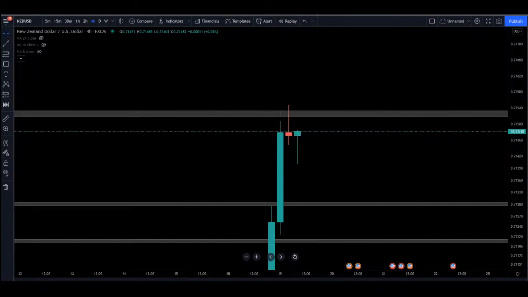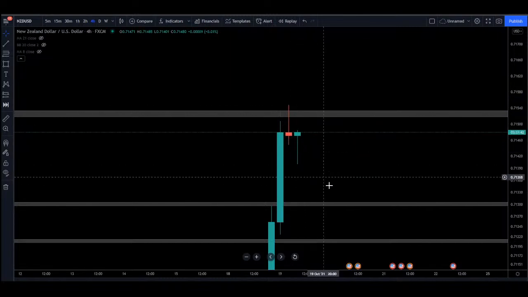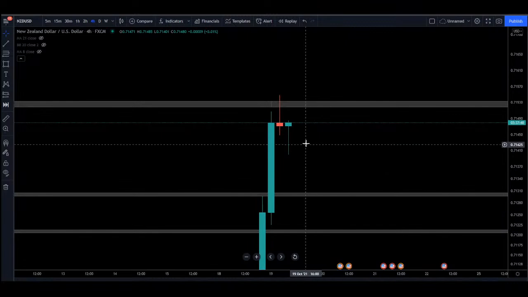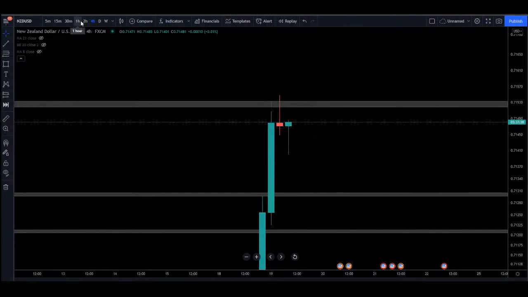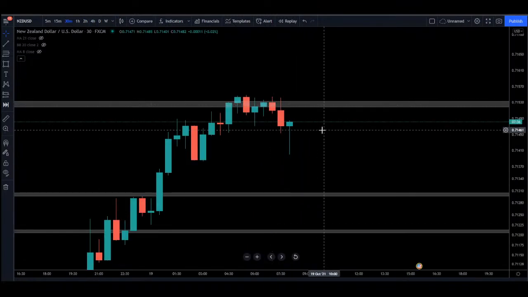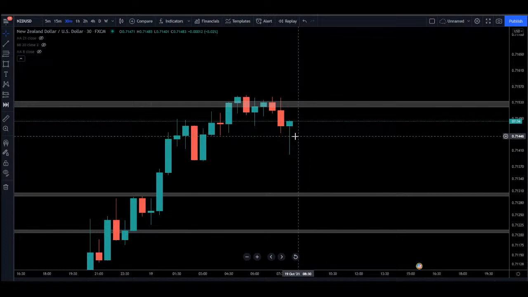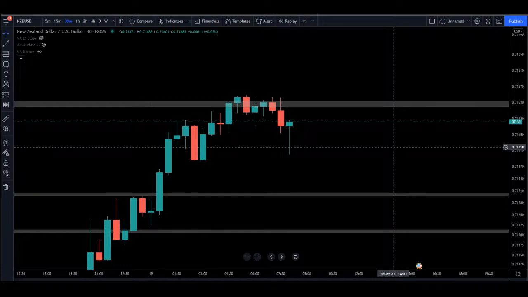So this current 4-hour candle can be another pin bar just like this one, and can come all the way down, right? So from here I cannot do anything. I'm not going to buy, I'm not going to sell, because I need to know exactly what's going to happen, and I just need to wait for that confirmation.